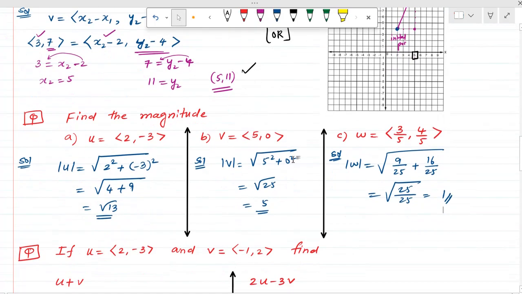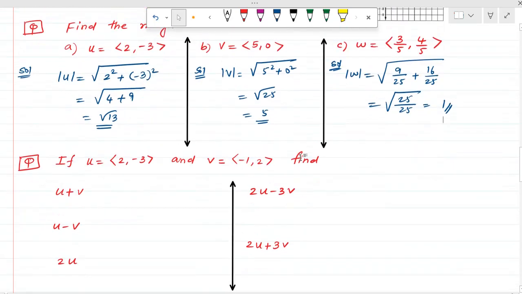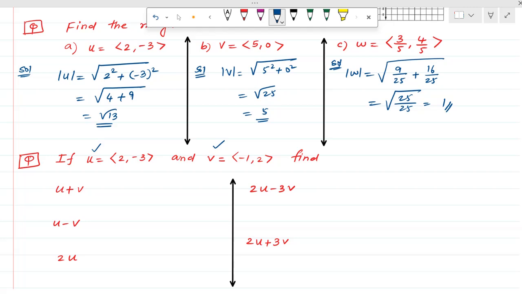The magnitude is 1. Now here we have the addition and subtraction of two vectors. So u and v are the two vectors. I have to find the values here. So we have to add the vectors. How will you add two vectors? u plus v. I just write it: 2 comma minus 3 plus minus 1 comma 2.